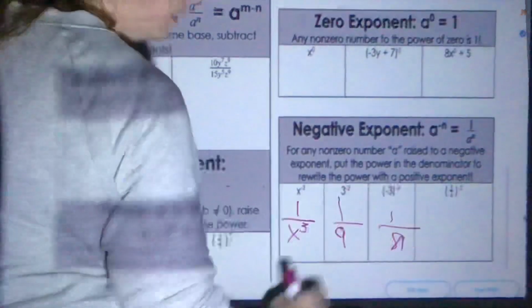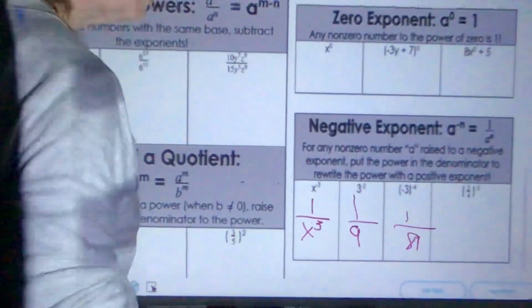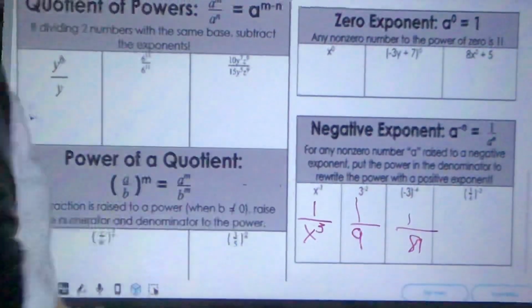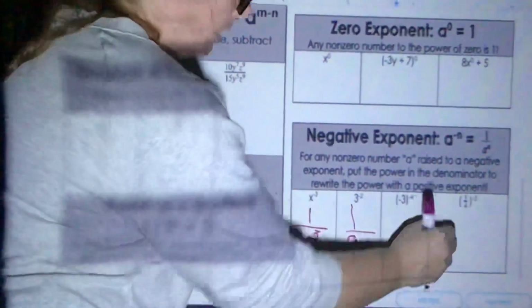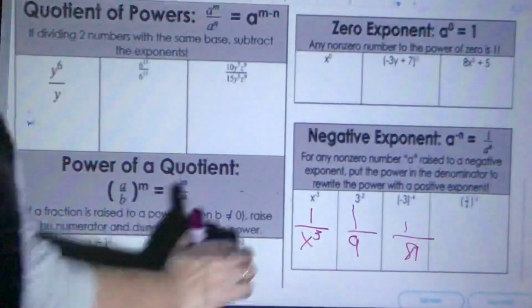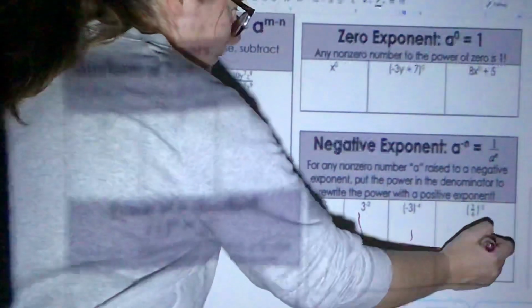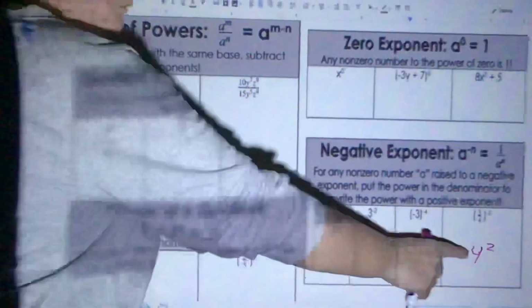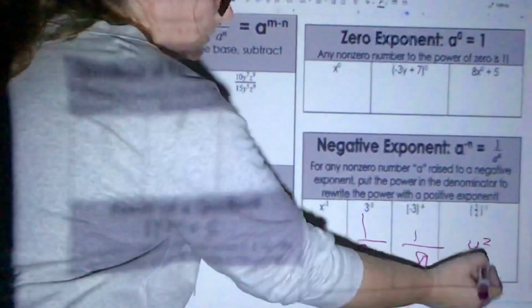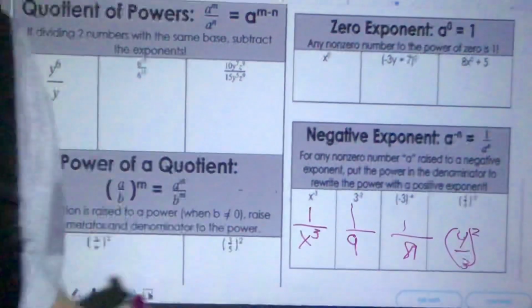And my last one: negative powers are reciprocals. So I'm going to do the reciprocal of what's inside because it's already a fraction. That's the easiest way to make that a positive power. So I'm going to flip what's inside. Oh, it's 3/4.